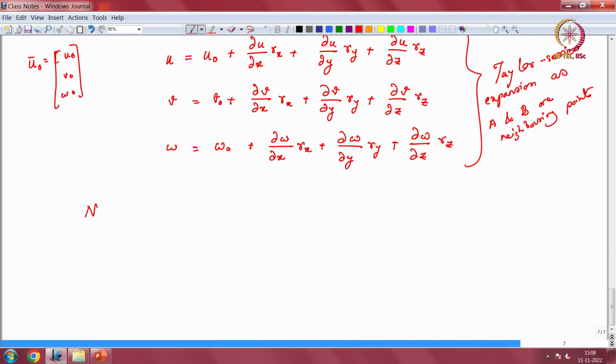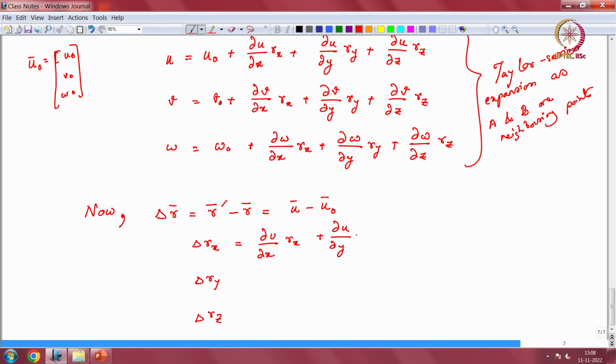Now if I want to understand how much there has been a change in my radius vector in the two cases, then I have to take these two radius vectors, r dash minus r, and that essentially boils down to my u minus u naught. So if I had to write the three components of this, this is nothing but del u by del x rx, and so on.